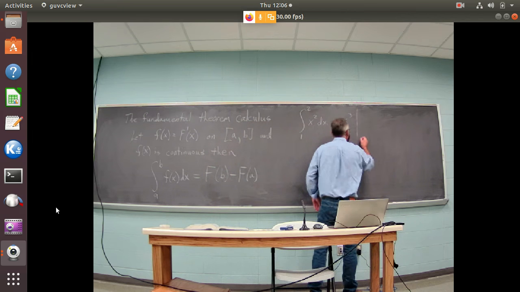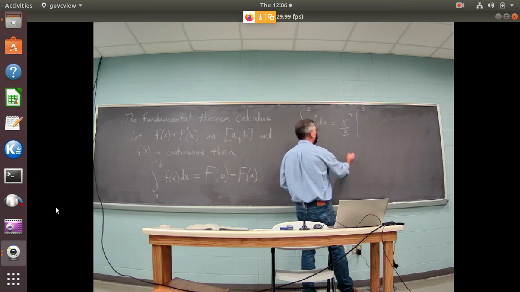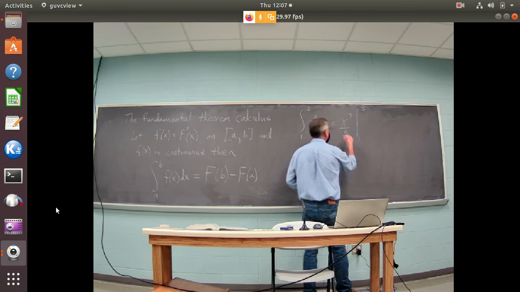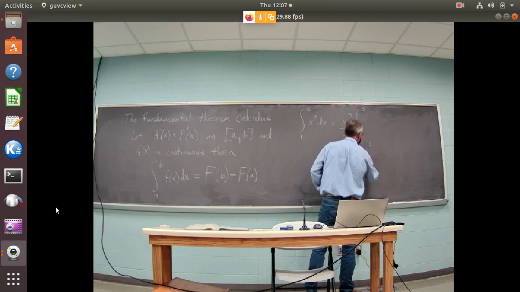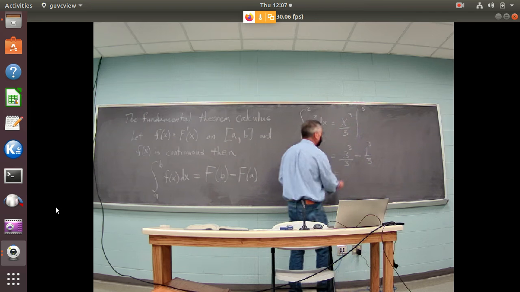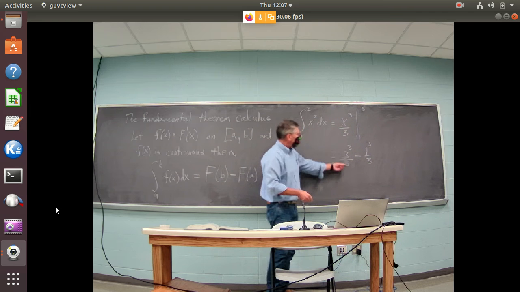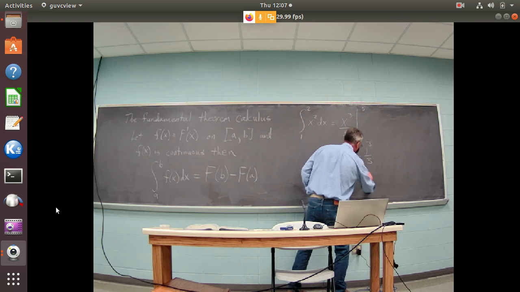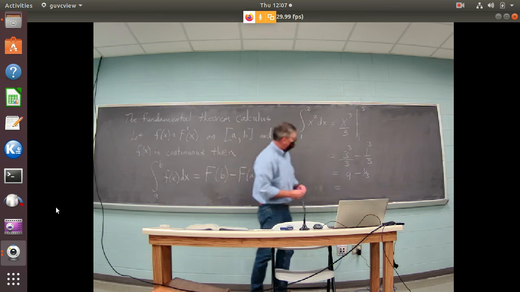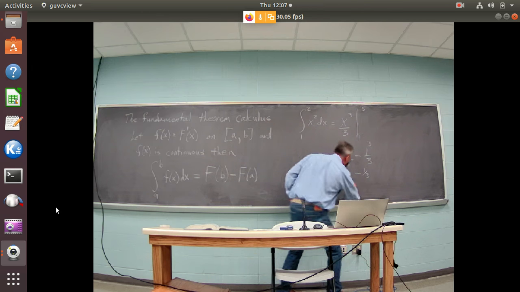And then evaluate that from 1 to 3. And so that is a lot of 3's here. 3 cubed over 3 minus 1 cubed over 3. And so that's just 3 squared, so I get 9 minus 1/3. So that's 27 thirds minus a third, so 26 over 3.